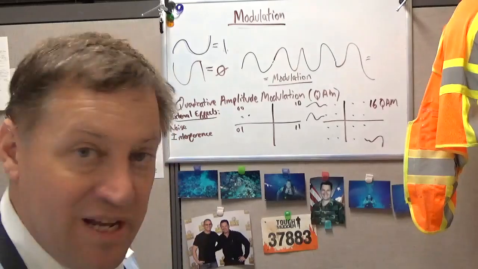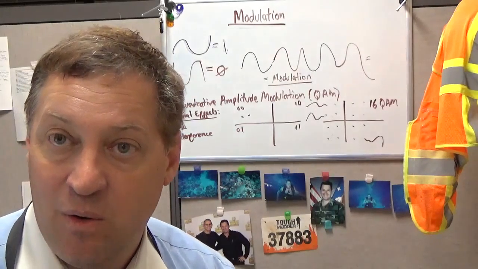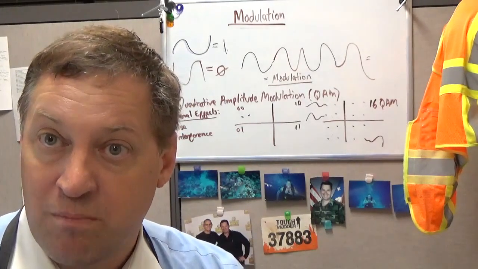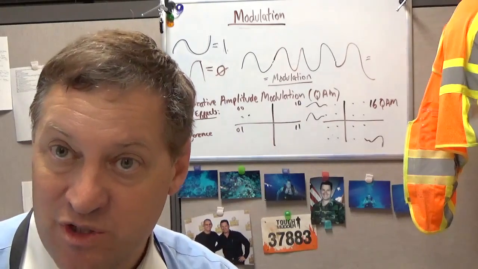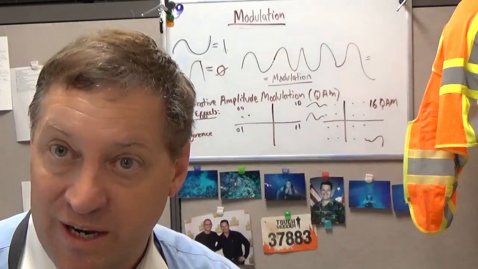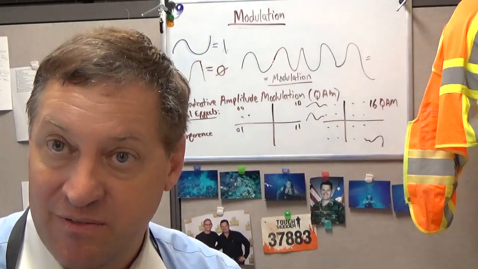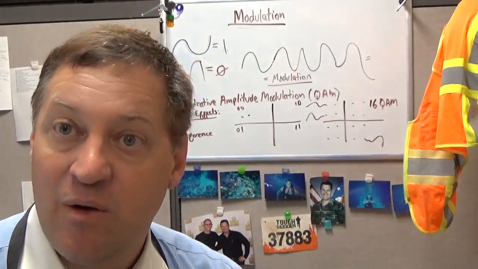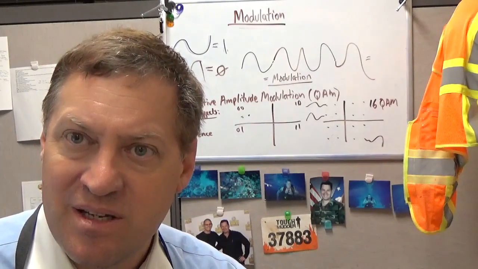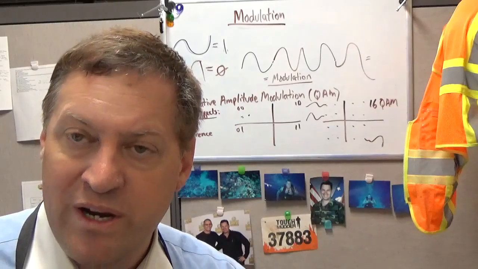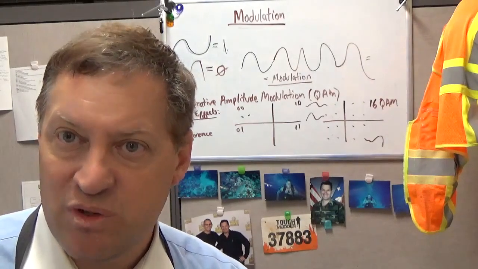So what I want you to take away from this is how signals are shaped, or modulated, and turned into ones and zeros over the air through the shaping of a radio wave, how they're received by a receiver, and how we can maximize the amount of those radio waves that are successfully received.